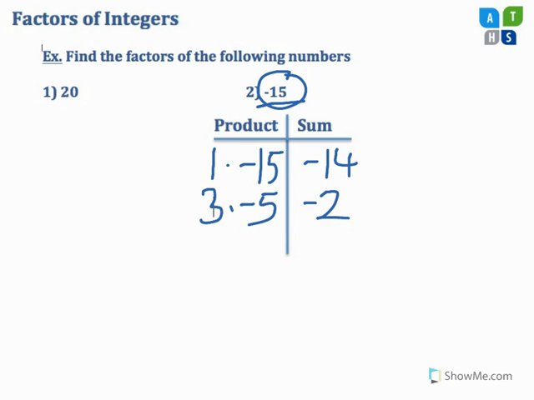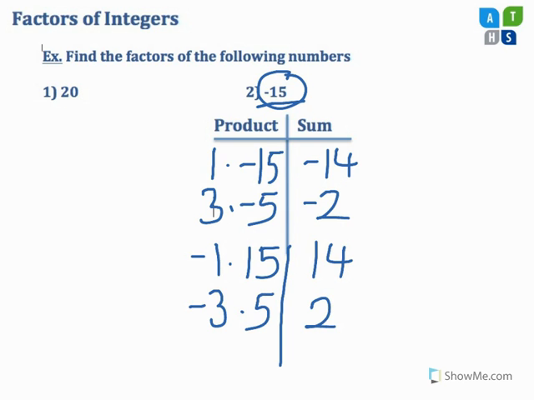And, of course, I'm going to write minus 1 times 15, which the sum is 14, and minus 3 times 5, which has the sum 2. Now notice that the sums we find are the same in numbers, just that the signs may be different.